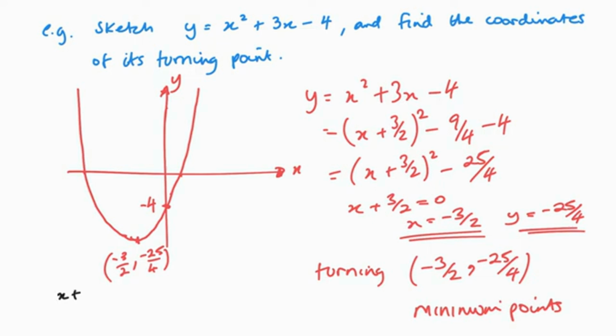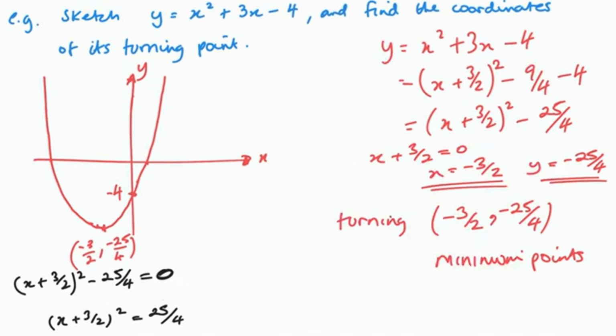So we've got x plus 3 over 2 squared minus 25 over 4. We make that equal to 0. Then we need to take the 25 over 4 to the other side. So x plus 3 over 2 squared equals 25 over 4. Now I'm just going to make a bit of room. Okay, that's better. So now taking the square root of both sides, x plus 3 over 2 will equal 5 over 2.